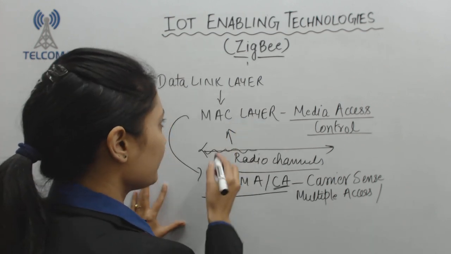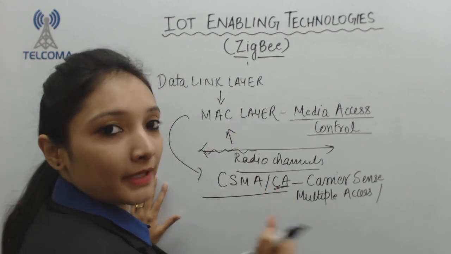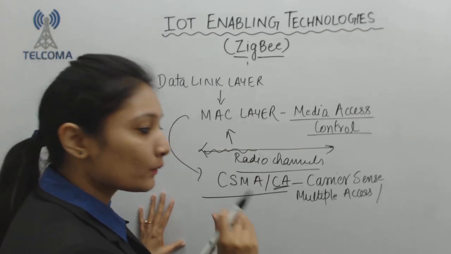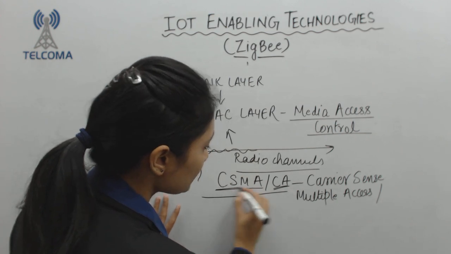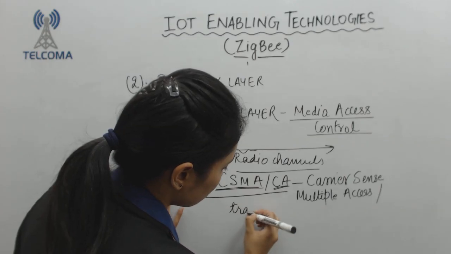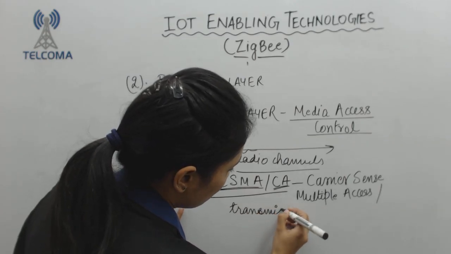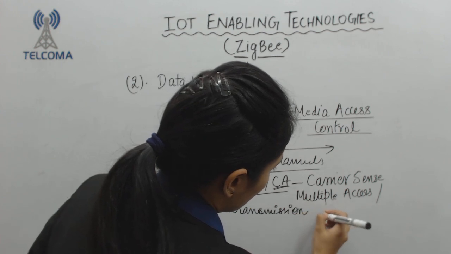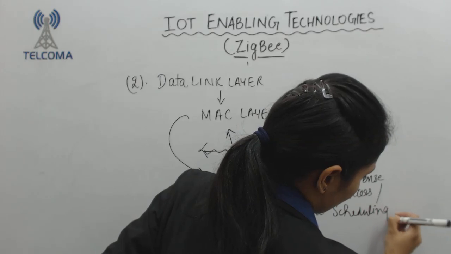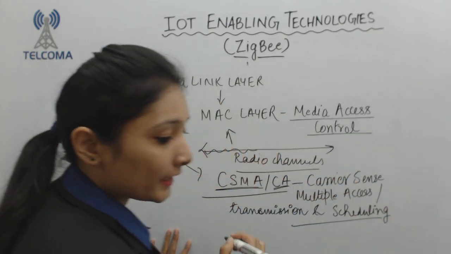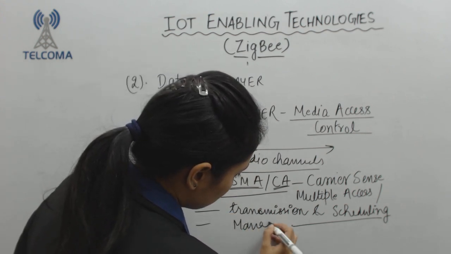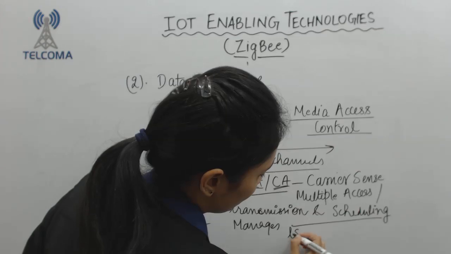That is basically checked by checking the voltage. So this is implemented by your CSMA mechanism, and above that it controls the transmission and scheduling of your data frames. It is controlling the transmission and the scheduling of your data frames, and it also manages the time slots.